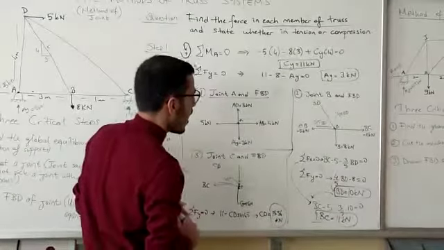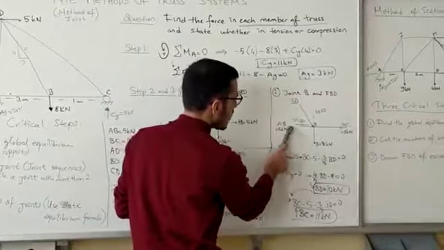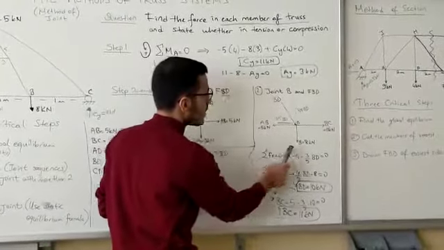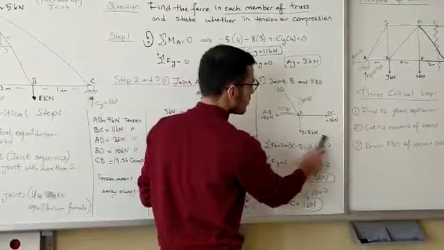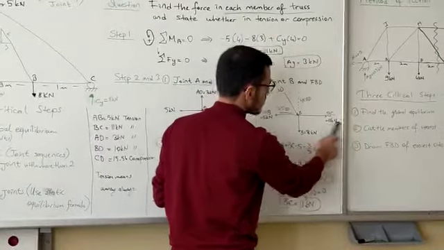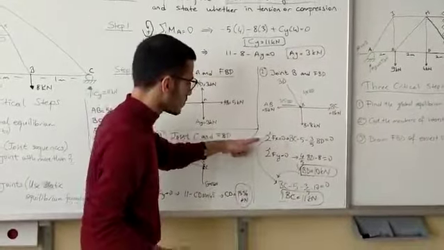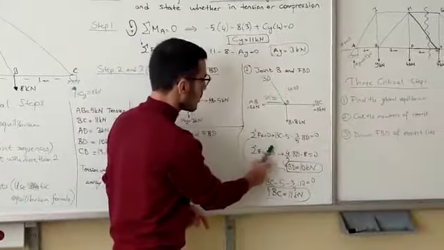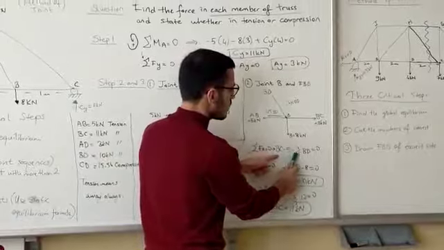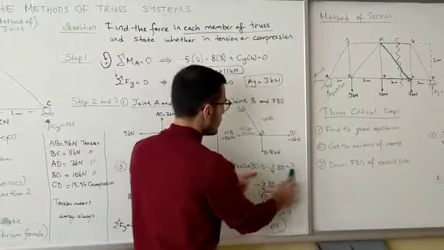AB must be 5 kilonewton, and the load at B is 8 kilonewton, and this one is 11 kilonewton. We need to use the static equilibrium formulas. Total Fx equals 0, so BC minus 5 minus 3 over 5 BD equals 0.